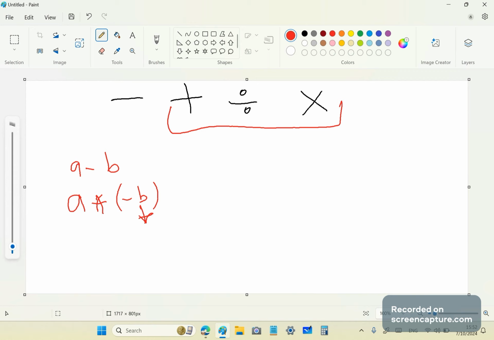Okay, so you cannot say this to define difference, because you're using it in its own definition. See that?